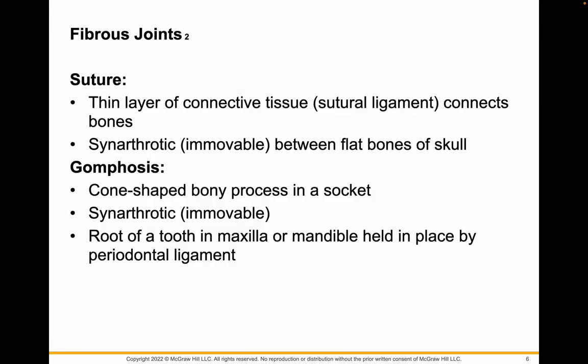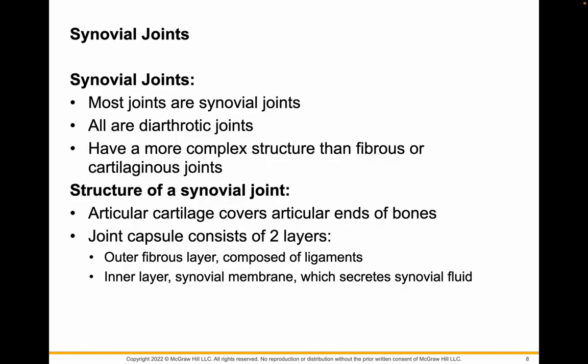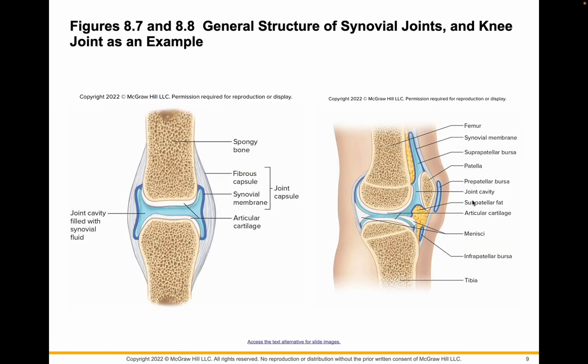Fibrous joints include sutures as well. We saw that in the flat bones of the skull, where we labeled the coronal suture and such. The gomphosis is like our teeth, and we labeled the parts of a gomphosis, so expect to do that again. Synovial joints are all diarthrotic, so freely moving, and have a very complex structure. They have all these bursae and synovial fluids and menisci.